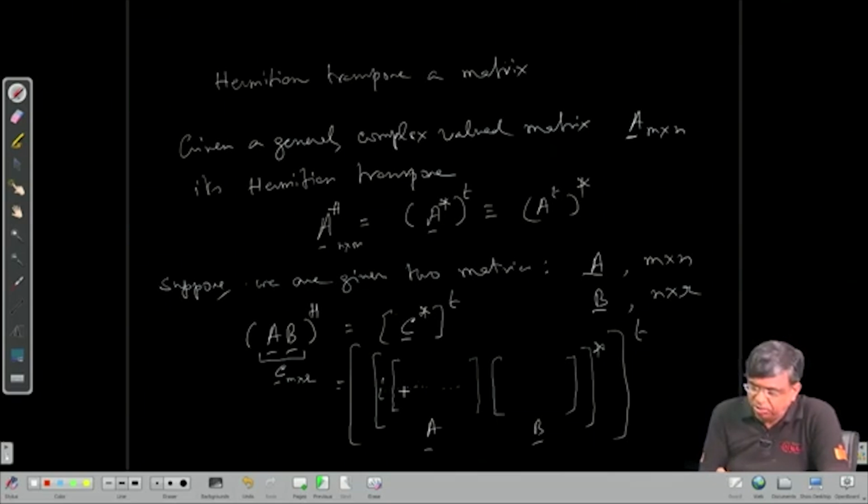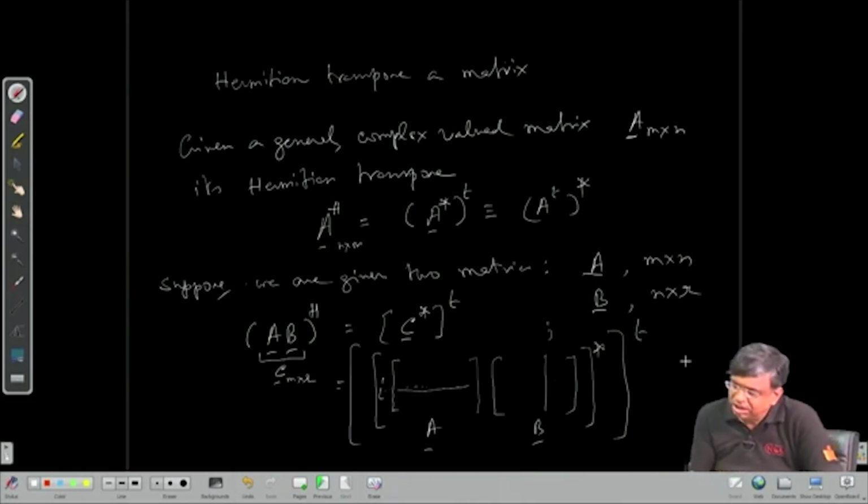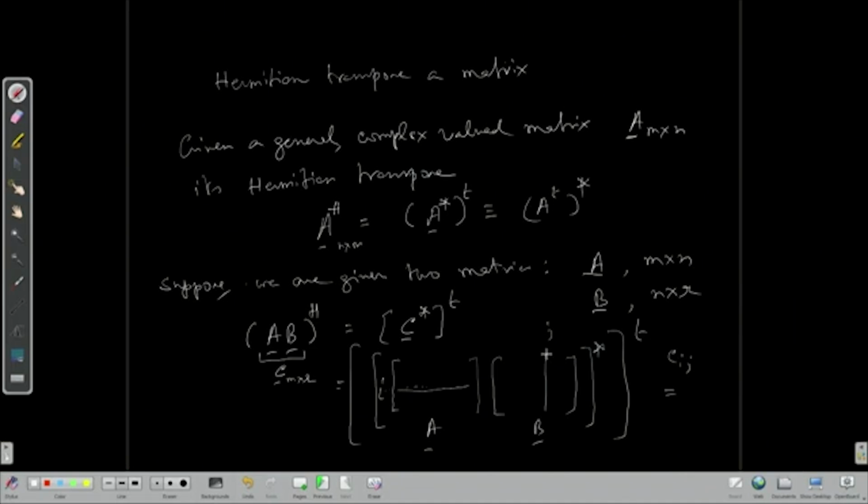So, the ith row of A and jth column of B, when you multiply them term by term and add, you get C_ij, right. So, what is C_ij? A_i1 B_1j plus A_i2 B_2j, and like that. So, you can bring an index k: the sum of A_ik B_kj, with k from 1 to n.